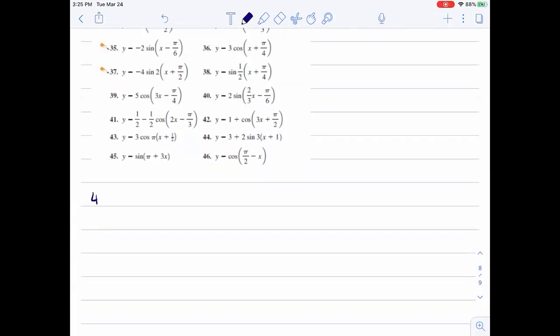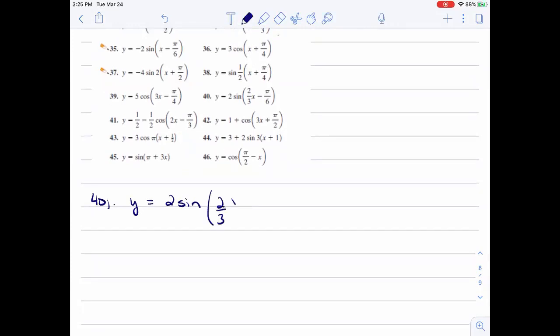That wasn't on our practice test because it wasn't going to be on our test, but let's have a look at 40. So we've got y is 2 sine 2 over 3 x minus pi over 6.